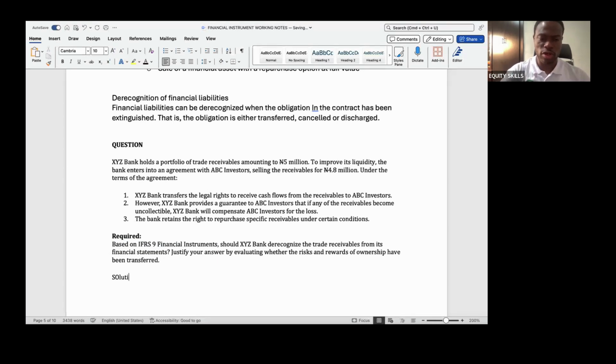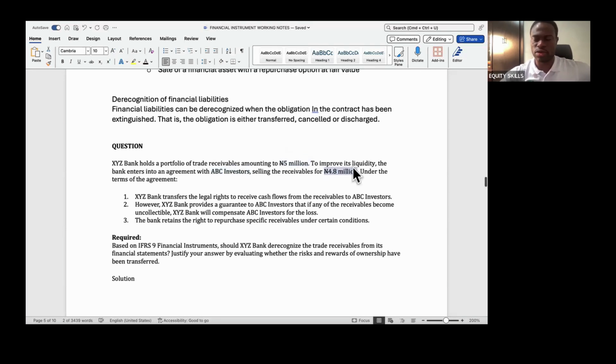So how do we solve this? If you look at the question, they said this bank has a trade receivables of 5 million. So it needs money, it wants to improve its liquidity. So he's entered into an agreement with an investor to sell that receivables for 4.8 million. So he collected money.